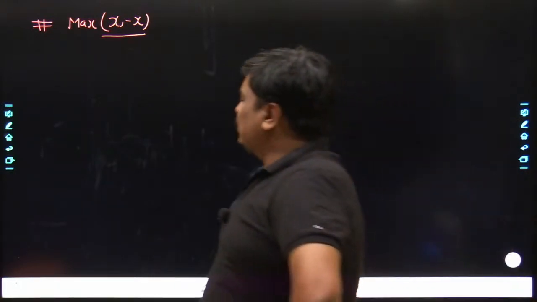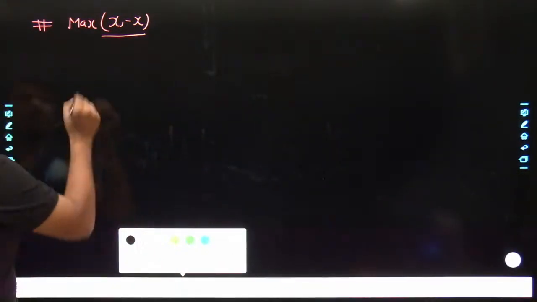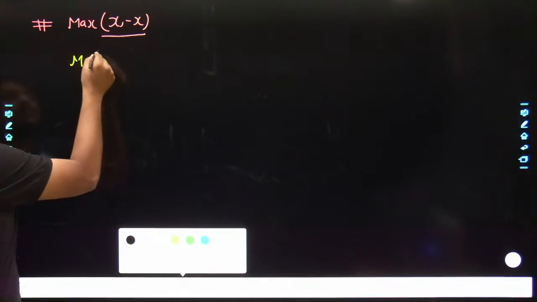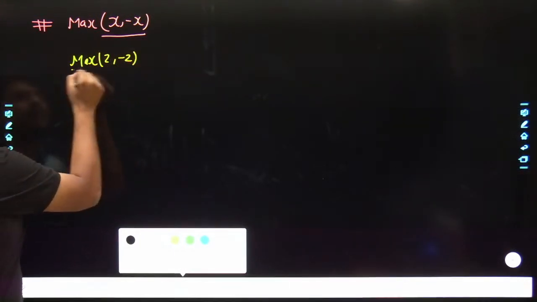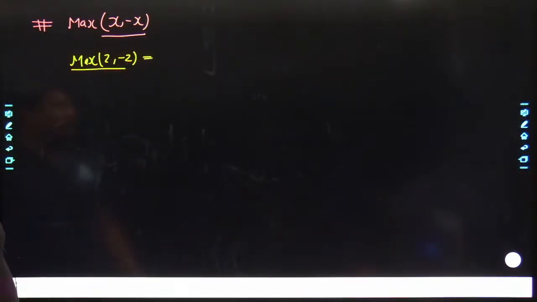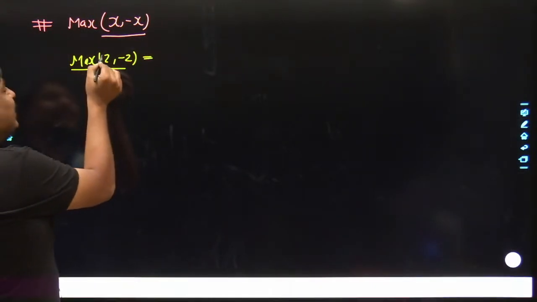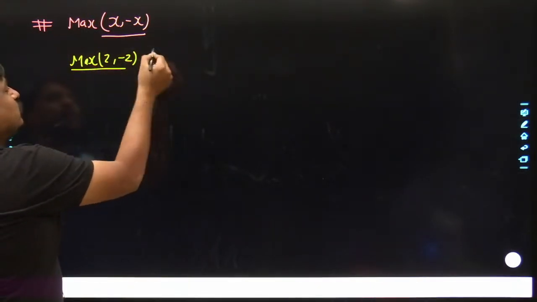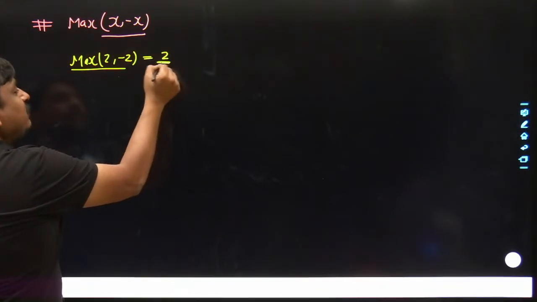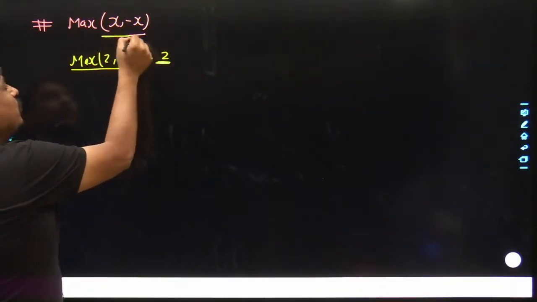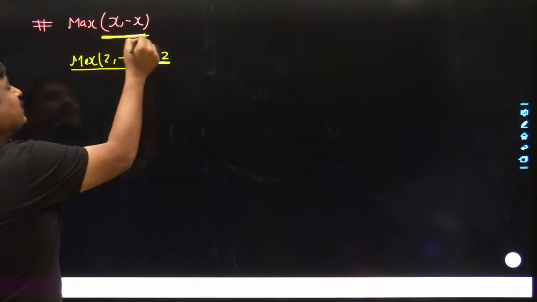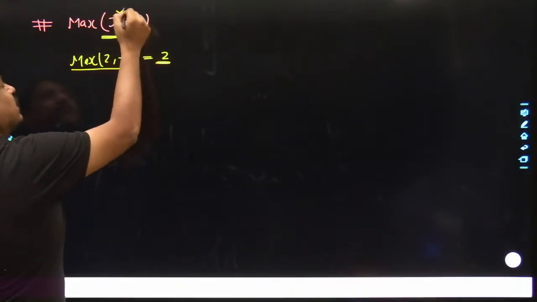Like we do the calculation, no? Max of 2 and minus 2. May I know what would be the max between 2 and minus 2? Obviously, 2 is a larger value compared with minus 2. So obviously the value would be 2. In the same way, we are going to have the output as the maximum value between x and minus of x.